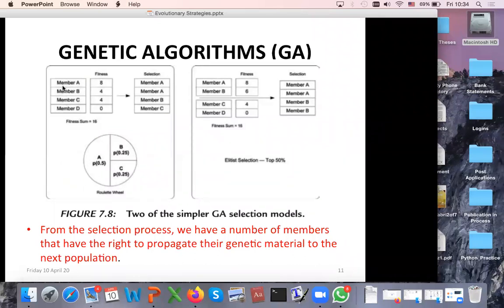You have some members, so this is your population, and in our population we have A, B, C, D, the members. And suppose you have the fitness values for all of these members. 8 is the fitness value for A, 4 for B, 4 for C, 0 for D.